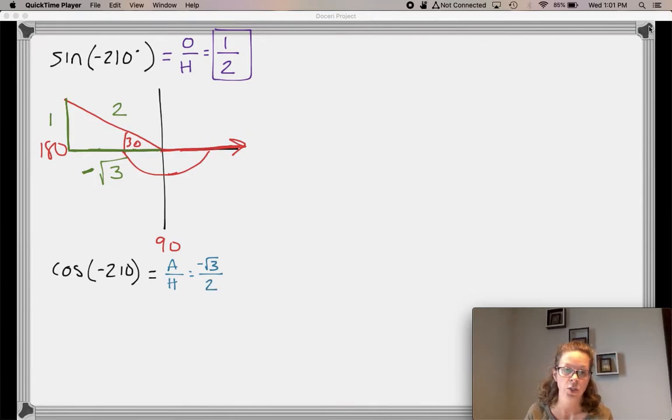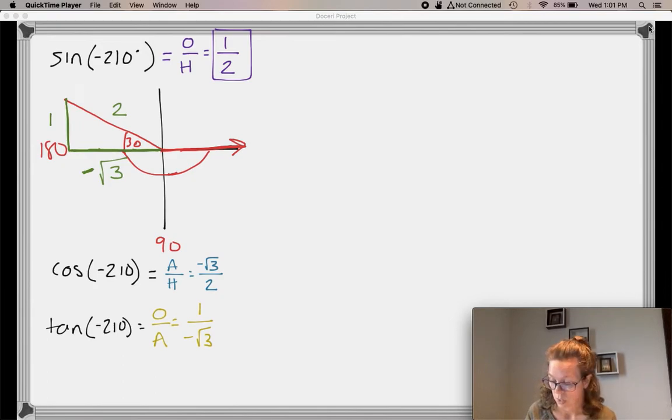Hypotenuse is 2. We could do a tangent. Tangent of negative 210. Tangent is TOA, so that's opposite over adjacent. Opposite of that 30 degrees is 1. Adjacent is negative square root of 3. Okay, so we can find all of our trig values there within that one.